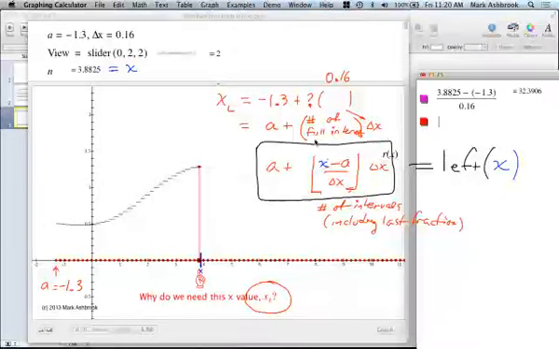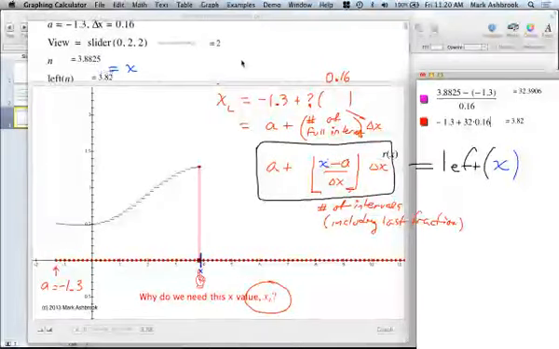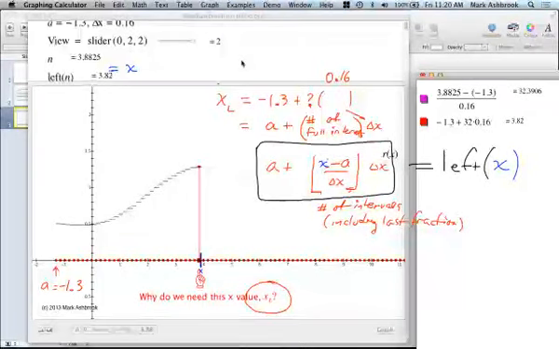All right, so negative 1.3 plus 32 times 0.16 is 3.82. Does it look about right, looking at the scale? Yeah. Okay, so now my next command line shows us what that is. There it is, 3.82. We got it.